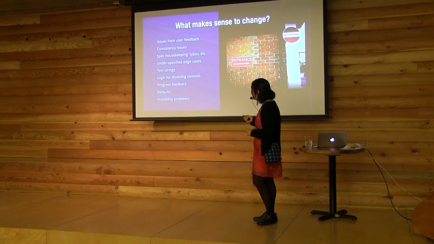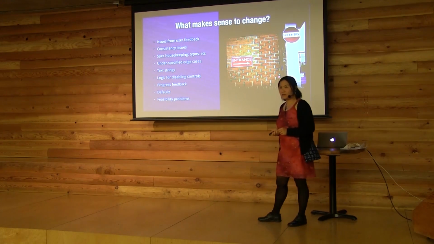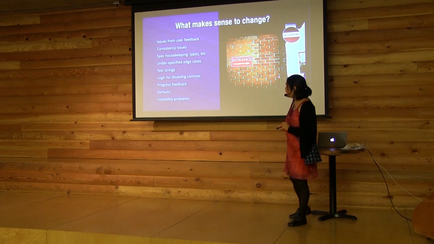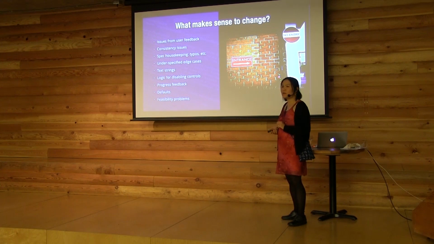Specs are not perfect, so you're going to have cases that aren't specified enough. Okay. And then there are some things you should change because optimizing them should be so easy. Something like text strings. Sometimes not, but often text strings are really easy. Some things you need to change because you can't anticipate how to do it right until it's actually coded.